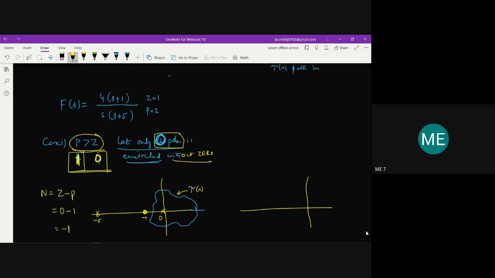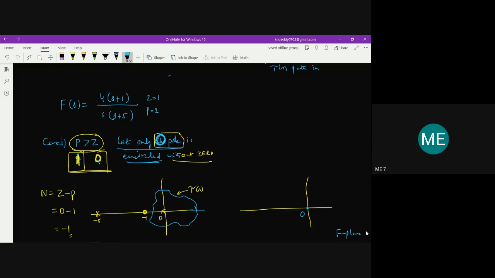Minus represents the clockwise direction, and this number says the number of encirclements about the origin. This is the origin of the F plane.